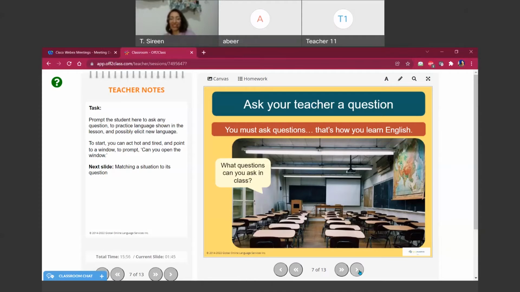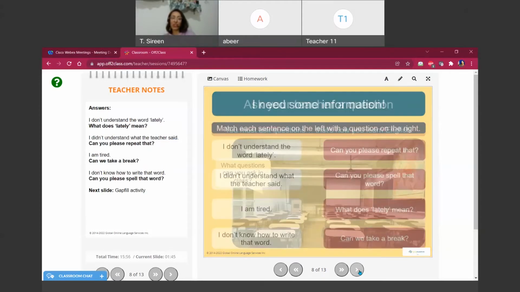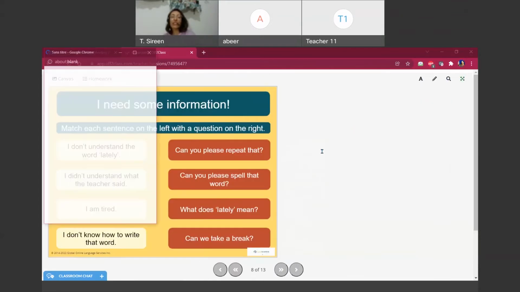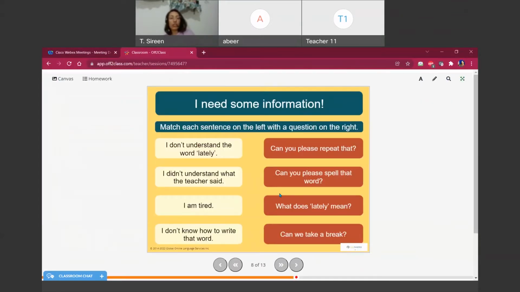Okay. In here, let's try to do this. I need some information. Match each sentence on the left with a question on the right. So here, for example, let's try to put the sentence for the question on the right. You can use them or you can teach your students how to ask correctly. Okay.